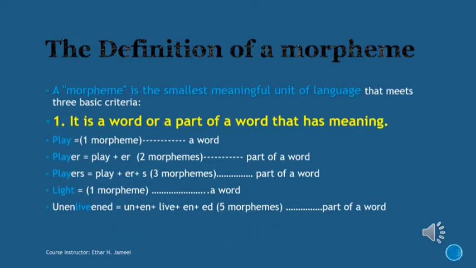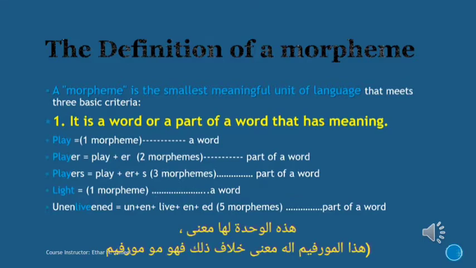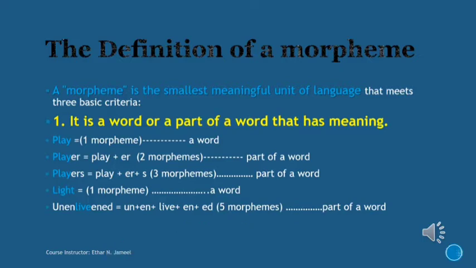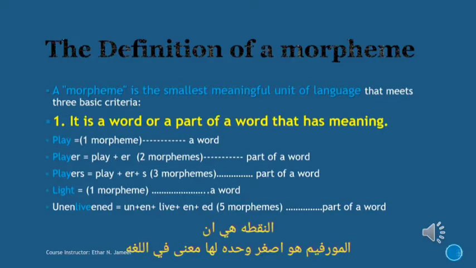So to say that this unit is a morpheme, we have to consider that this unit has a meaning. Otherwise, it is not a morpheme. So this is the condition. The condition is that the morpheme is the smallest meaningful unit of a language.